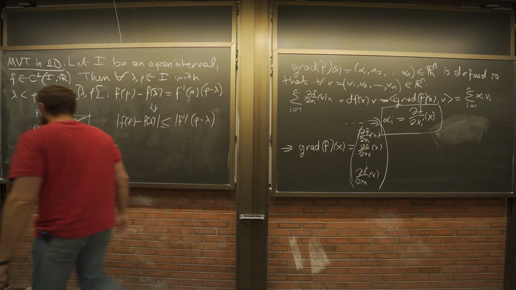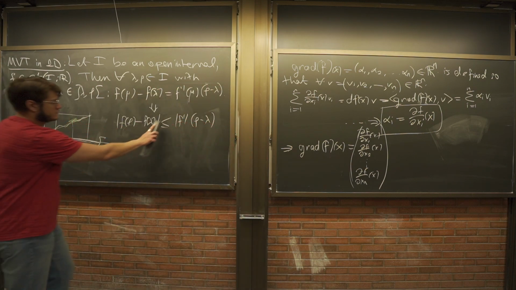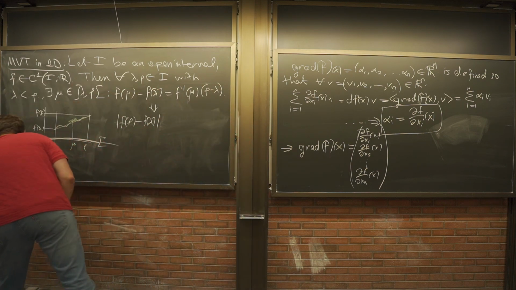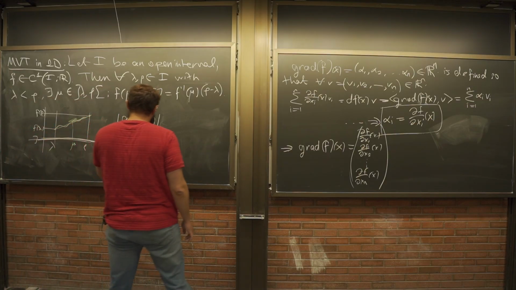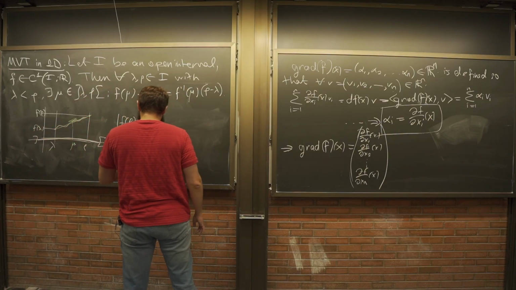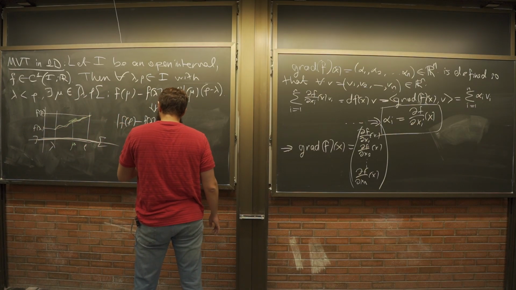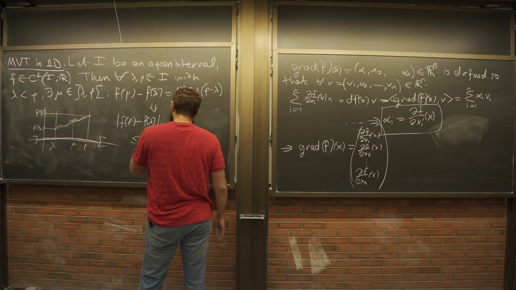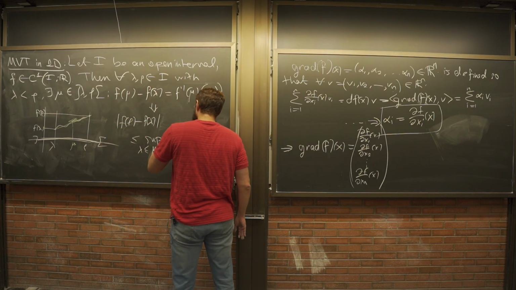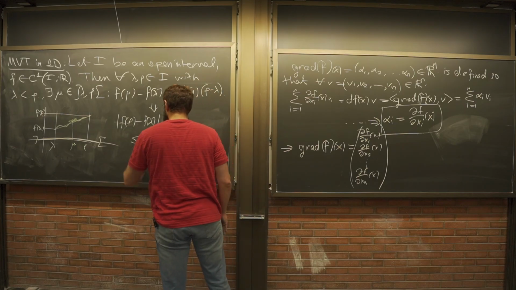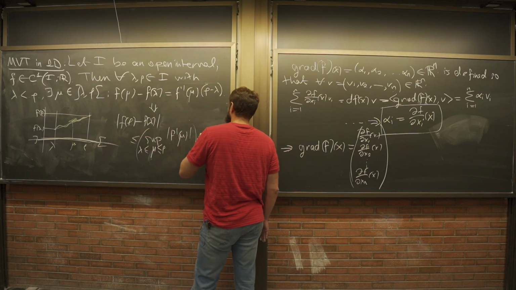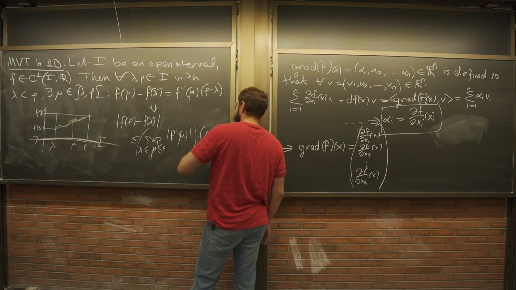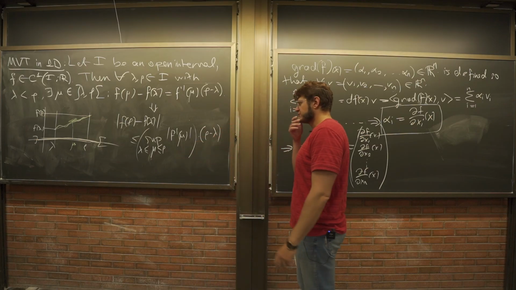Maybe you take something like this, imagine: the sup, where mu varies between lambda and rho, of f prime of mu in absolute value, times rho minus lambda. You use something like this.